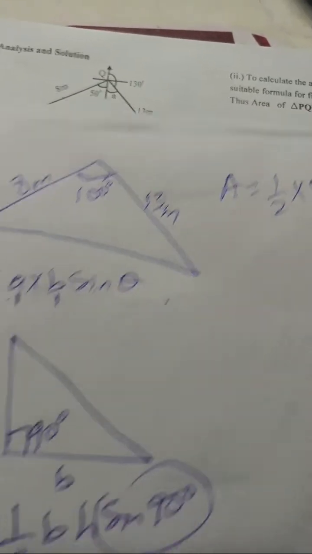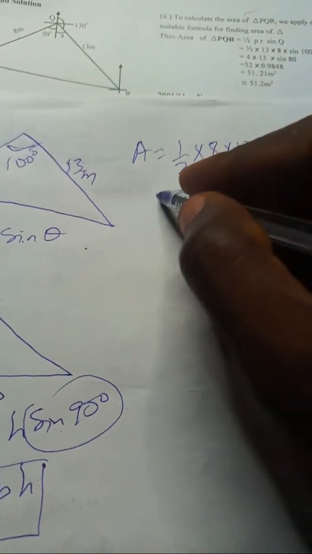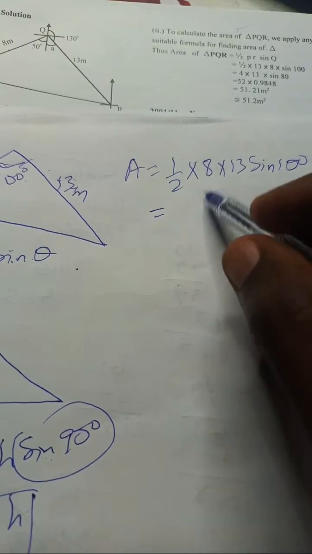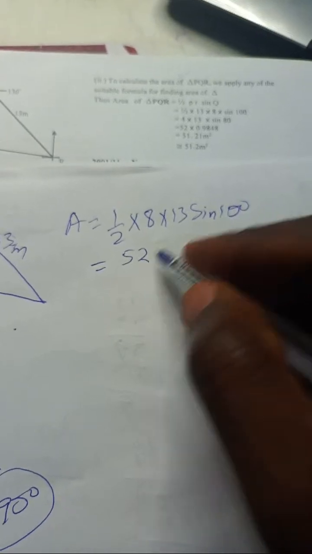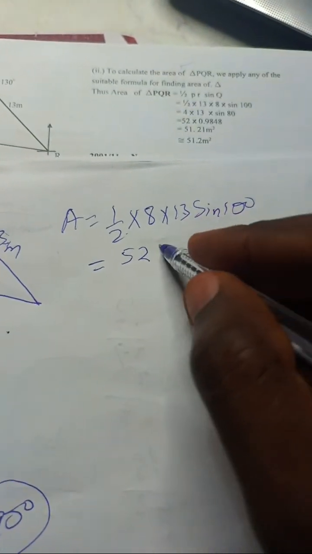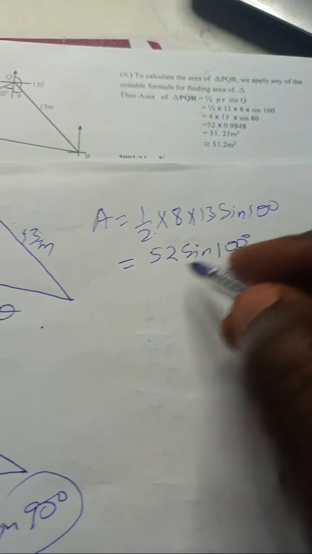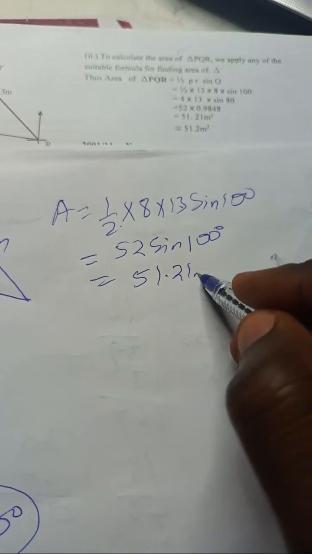So what do you get at the end of the day there? If you are doing this by calculation, multiplying everything here, you are getting 52. Okay, 52, this times divided by 2, that's 52 sine 100 degrees, and everything here will now give you 51.21 meters squared.